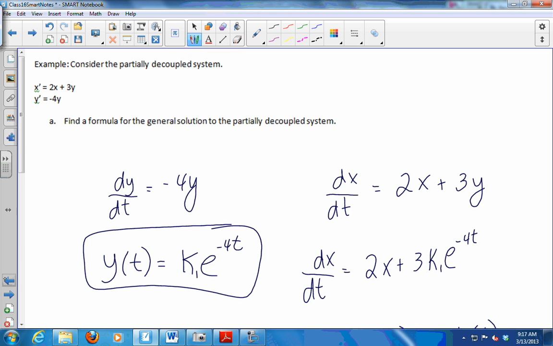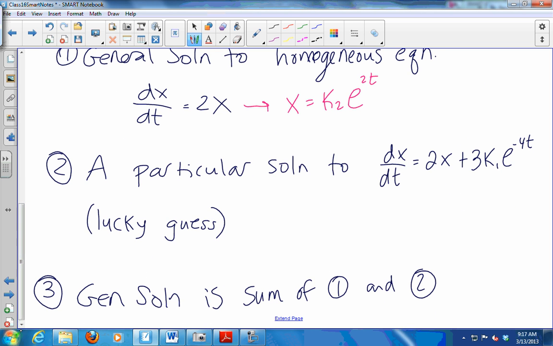So go back to my list of steps here. I got this: negative 1/2 k1 e to the negative 4t. And then finally, my general solution is the sum of my two equations from step 1 and 2.